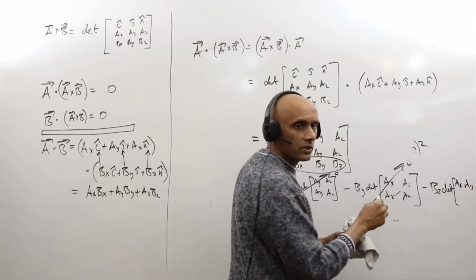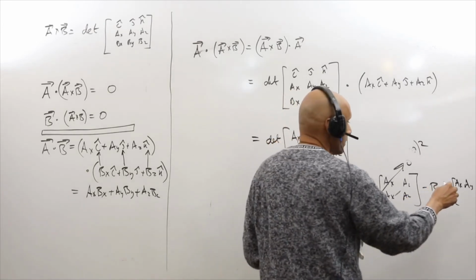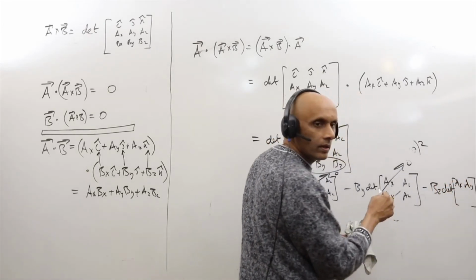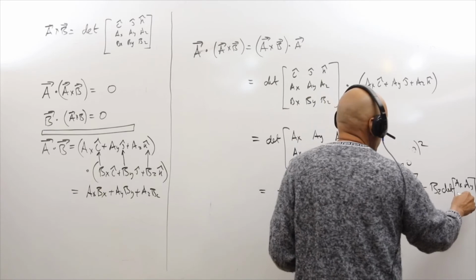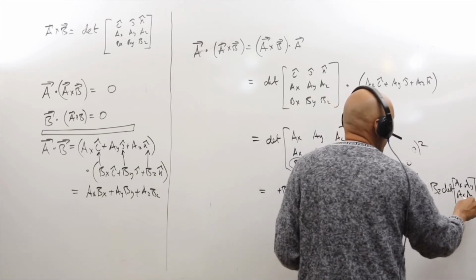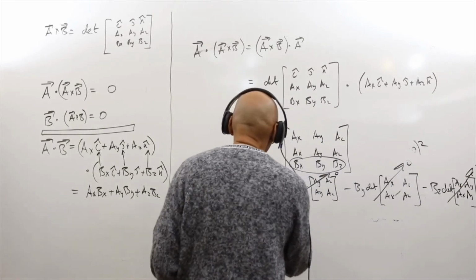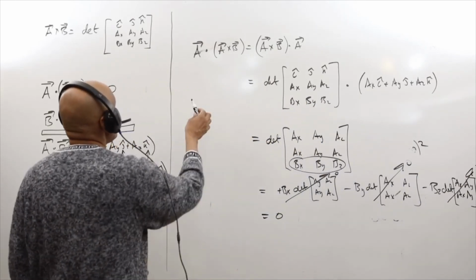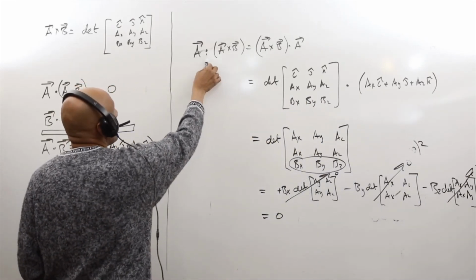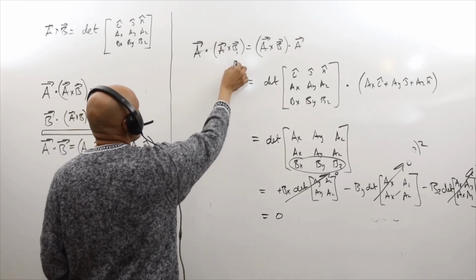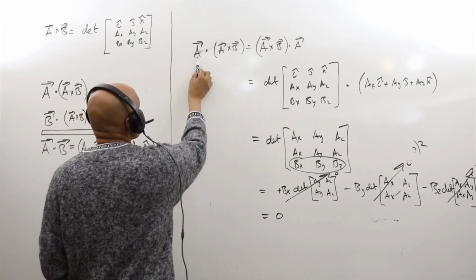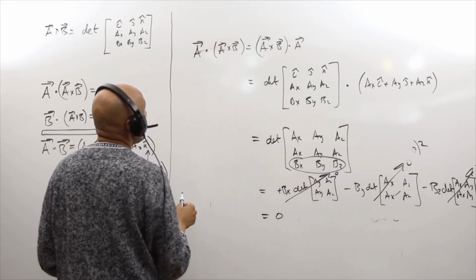Hope I can see this on the board. Yeah, I think you can. Yeah, barely. And this is ax, ay. Again, the cross products are 0, so this whole thing is 0. So what we've just shown is that a vector dotted with a cross b is equal to 0. It means that this vector is perpendicular to a cross b.